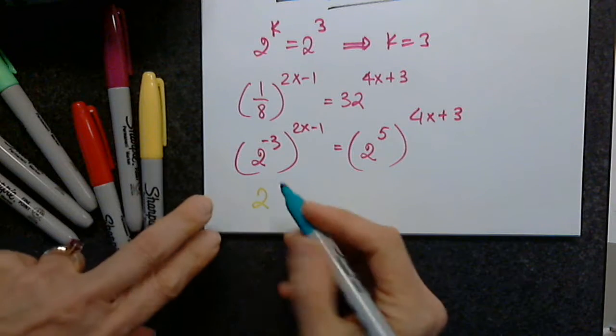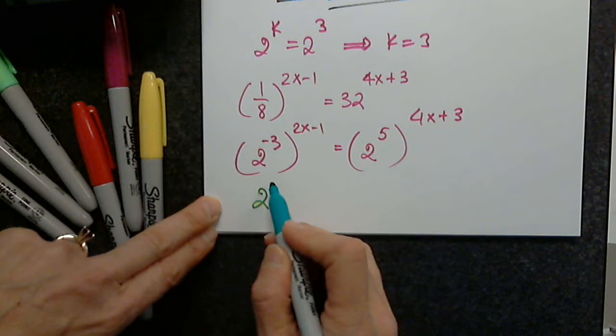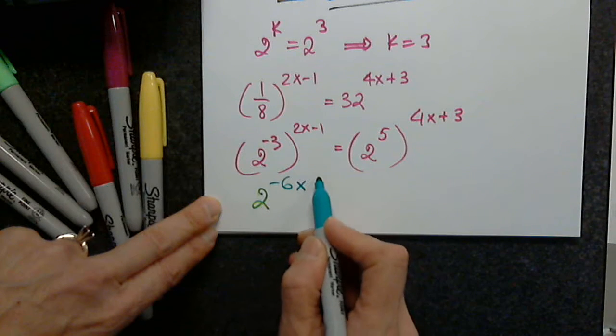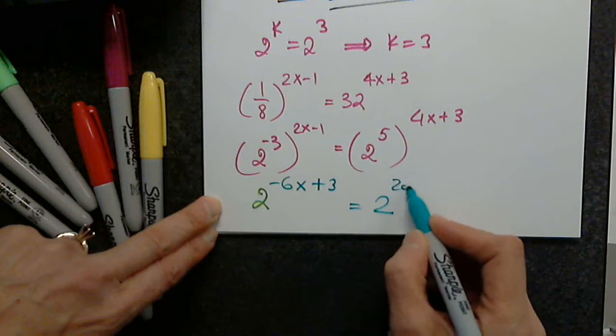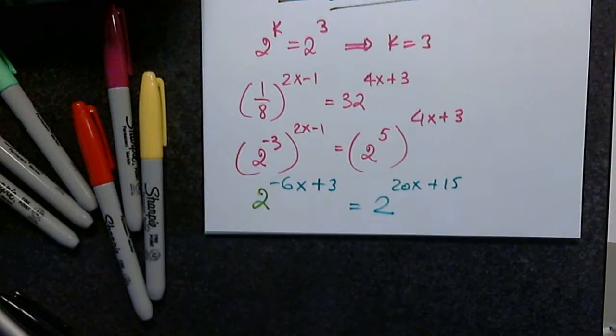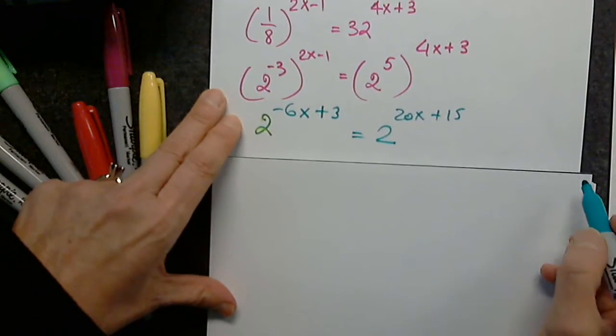So 2 raised to -6x plus 3, and 2 raised to 20x plus 15. That's it. Now I'm really back to the first situation. Yes, it required some effort, but not a big deal. So then from here, what do I conclude? -6x plus 3 equals 20x plus 15.